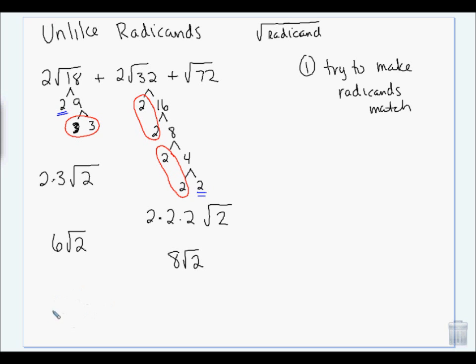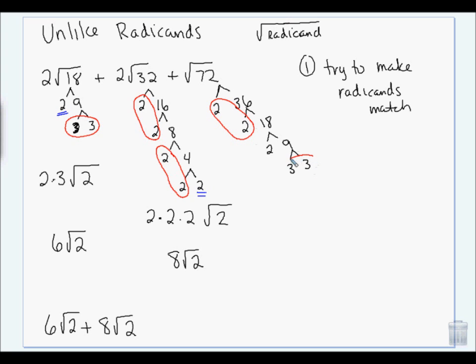So I'm just going to rewrite these down here. And then I'm going to take my 72, which is 2 times 36, and 36 is 2 times 18, and 18 is 2 times 9, and 9 is 3 times 3. I have a pair of 2's, and I have a pair of 3's with the 2 left over.